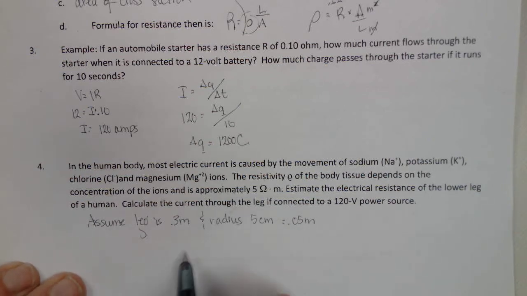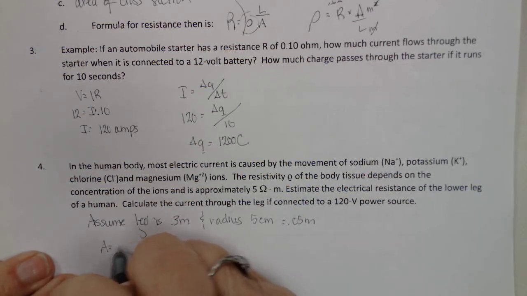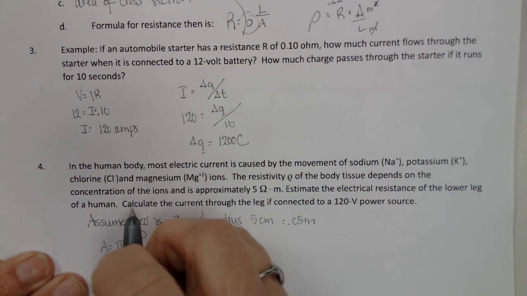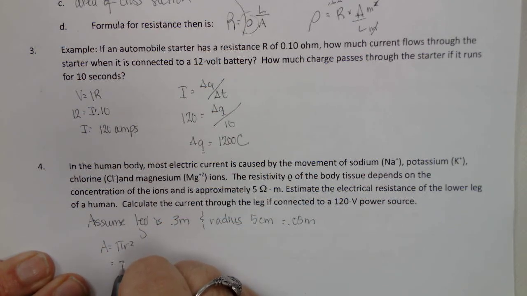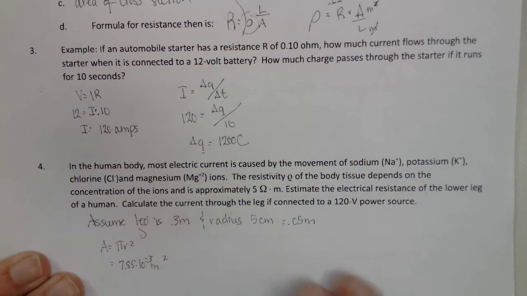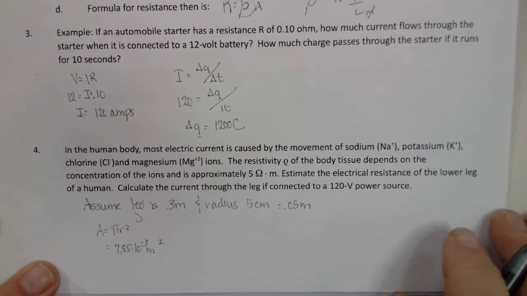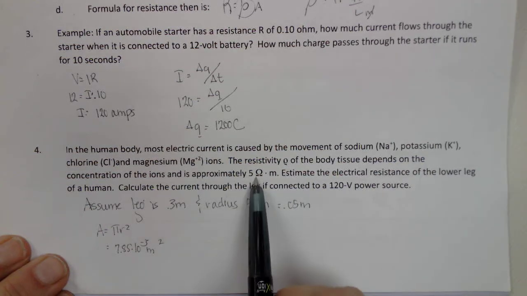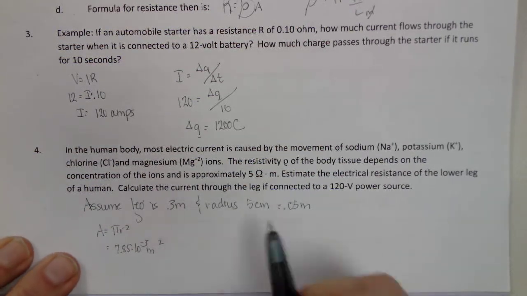So I need to find the area first. A is equal to pi r squared, which is going to end up being, when you just throw the math in there, 7.85 times 10 to the -3 meters squared, because it's area, so it's meters squared. So that's A. And it told you that the resistivity is this and the length is this.